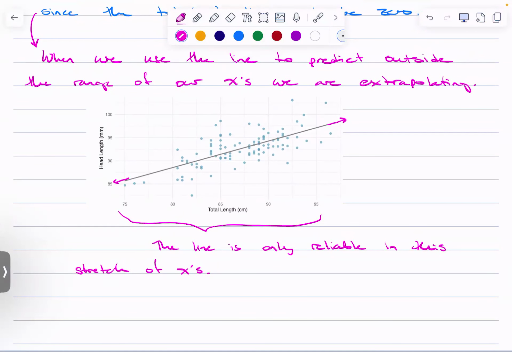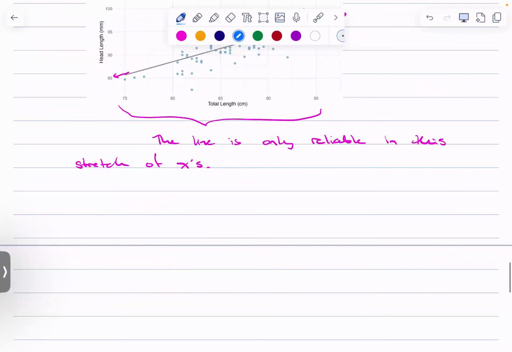So you might have to extrapolate. There are scenarios where you have to extrapolate, and it is still your best guess, right? But just be aware that you have these unreliable predictions.